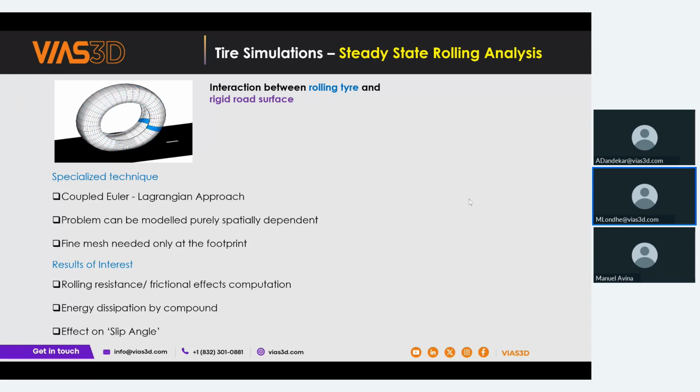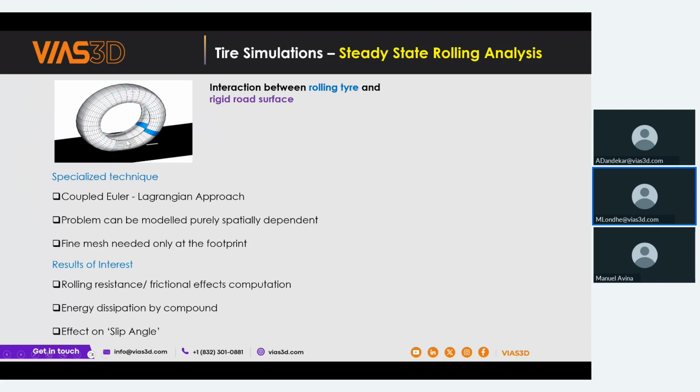A steady state transport analysis uses a moving reference frame in which rigid body rotation is described in the Eulerian manner, and the deformation is described in the Lagrangian manner. This kinematic description converts the steady state moving contact problem into a purely spatially dependent one. So in such a case, you need fine meshing only where your tire comes into contact with the road surface.